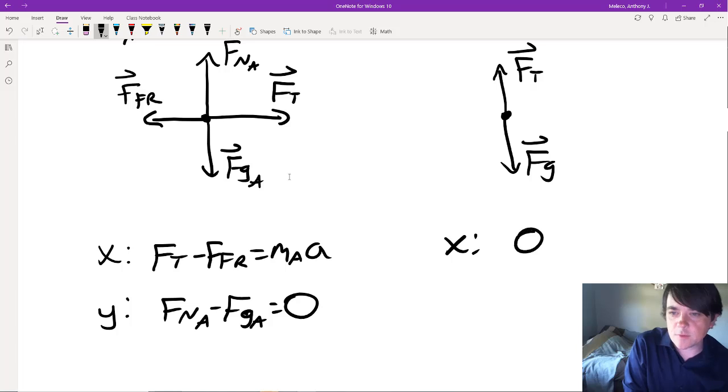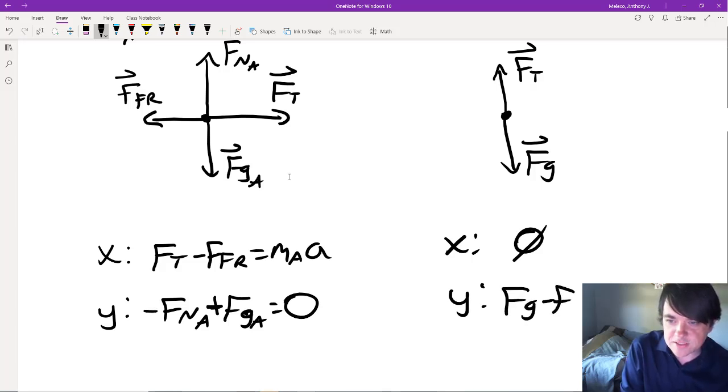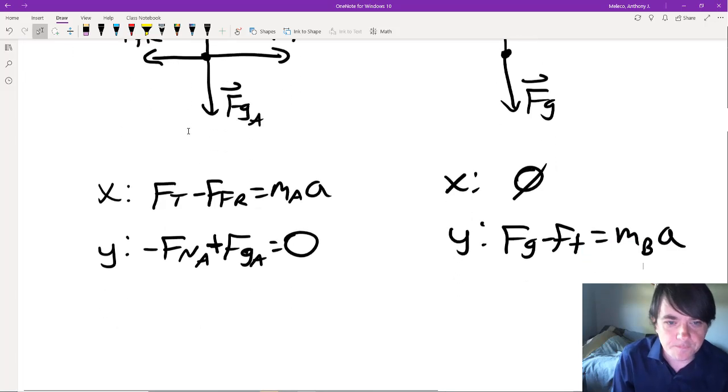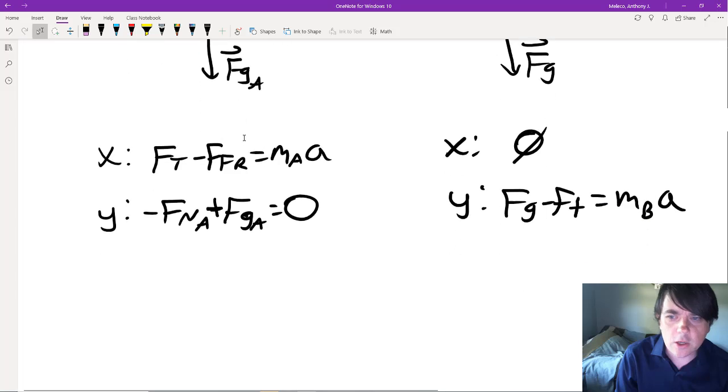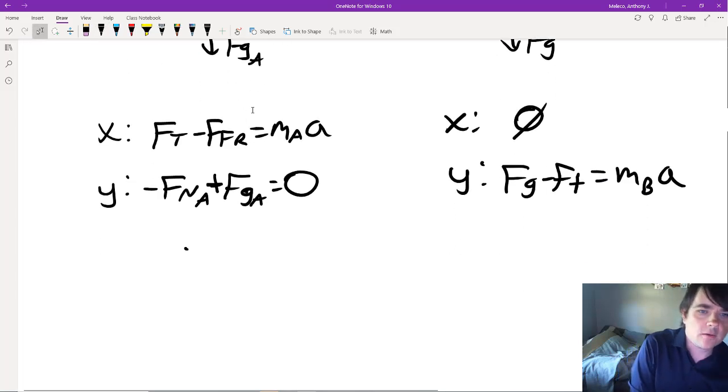For the second one, oh, I'm sorry, I said down was positive, so plus for this guy. And then this one is Fg minus Ft, which will equal MB a. Now the signs are right. So we need to go ahead and solve for a.